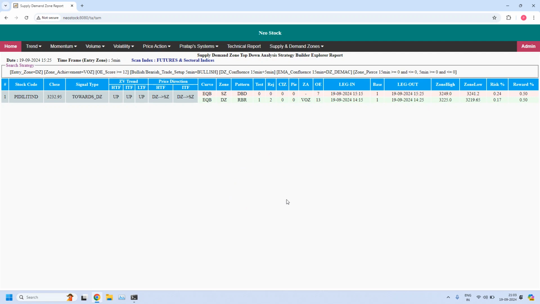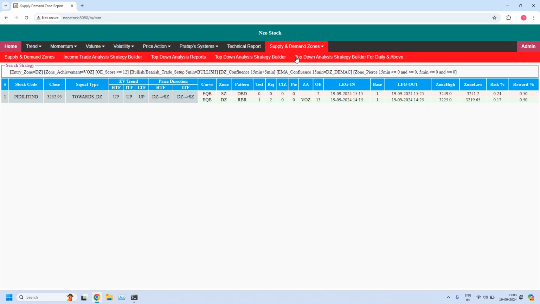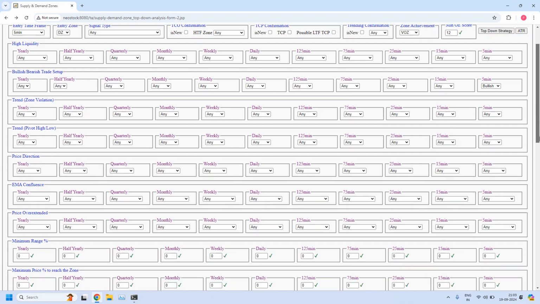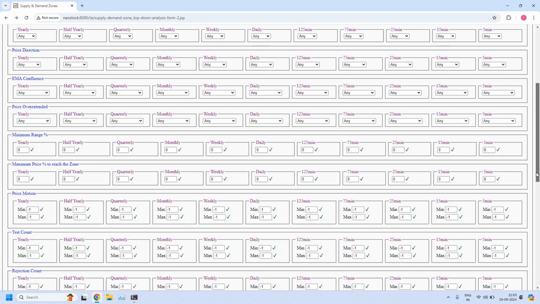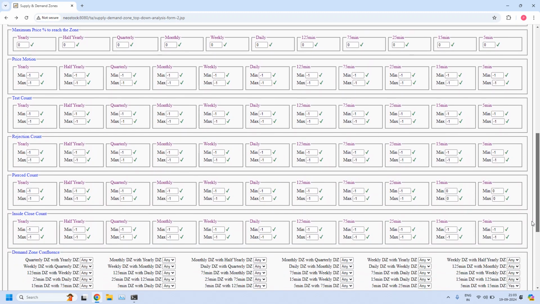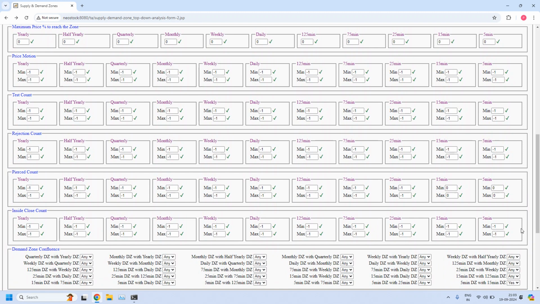Okay, next let's look for LTF, ITF and HTF zone confluence. First we need to remove this EMA filter. LTF, ITF, HTF demand zone confluence. That means 5 minutes demand zone together with 15 minutes demand zone should be part of the 75 minutes demand zone. We already enabled 5 minutes demand zone with 15 minutes demand zone confluence.